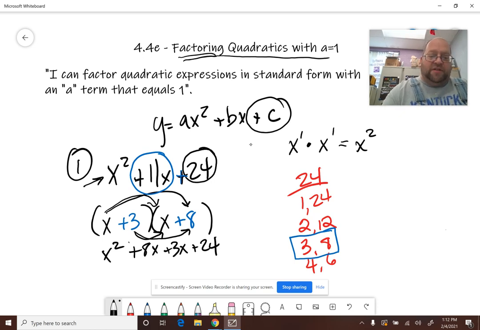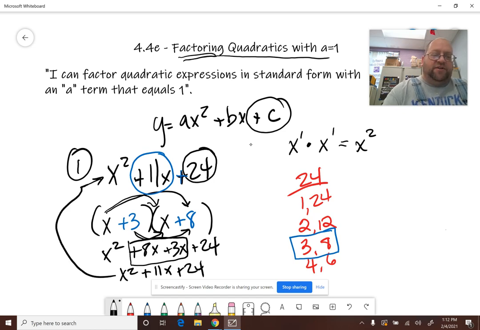Notice the only terms that I need to combine are right here, so I end up with x squared plus 11x plus 24, which was my original answer right here. So my answer for this particular one would be this. These two binomial factors are the factors of this particular quadratic that we're looking at, okay?